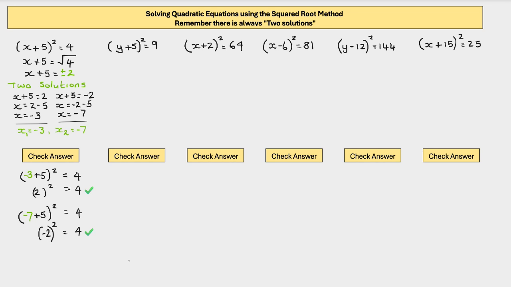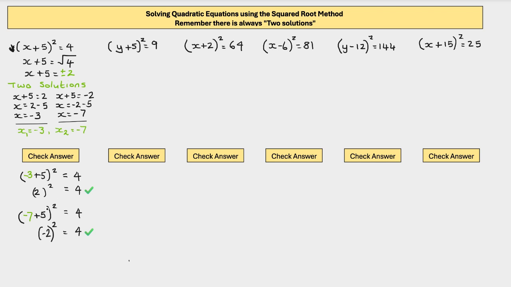So all you're going to do is substitute, and we all know how to substitute if you've looked at my other videos. You're going to substitute our answers into the question. So I've got -3. So I'm going to put -3 into the original sum. This is the original sum we're looking at. -3 + 5 squared equals 4.